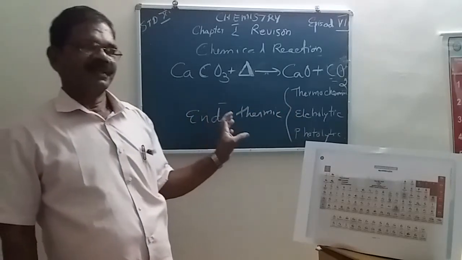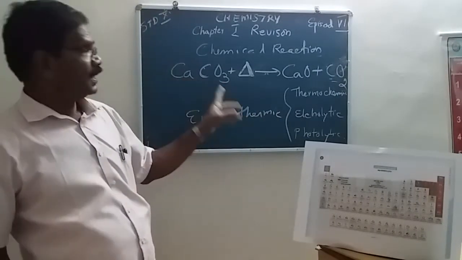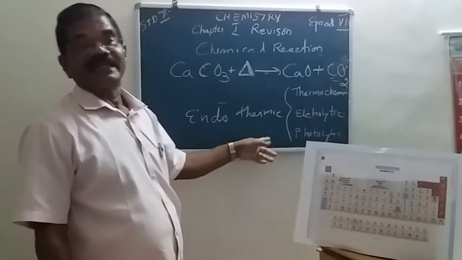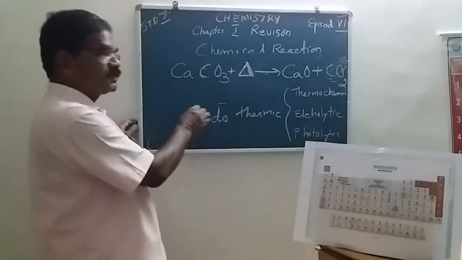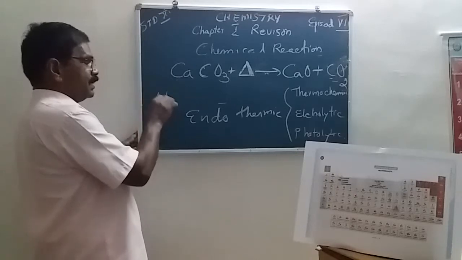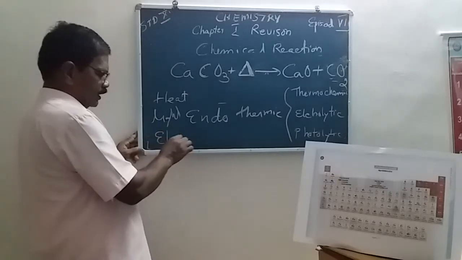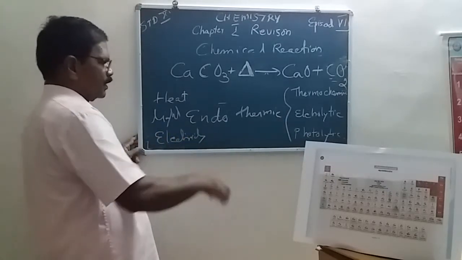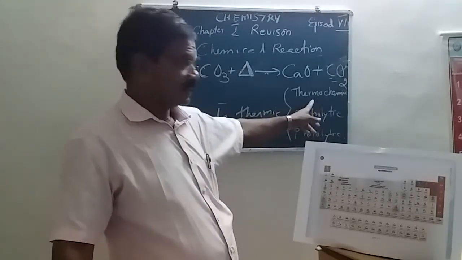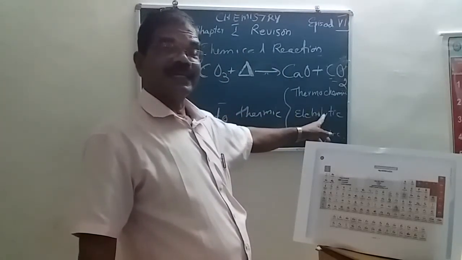During an endothermic reaction, heat energy, light energy or electrical energy is absorbed. The three forms of energy associated with endothermic reactions are heat, light and electricity. If heat energy is absorbed, it is known as a thermochemical reaction. If electrical energy is absorbed, it is known as an electrolytic reaction.